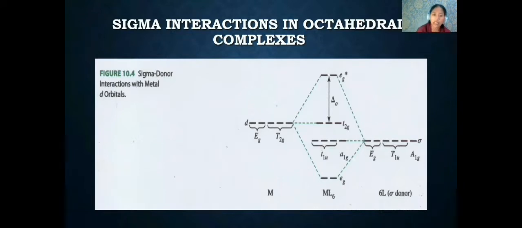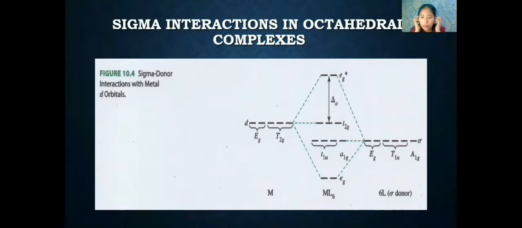To be able to form a bond between the metal and the ligand, the orbitals should have the same symmetry. For the metal, we have the d orbitals, the Eg and the T2g, and for the ligand, we have the Eg, T1u, and A1g. The A1g refers to the s orbital, and the T1u refers to the p orbitals.